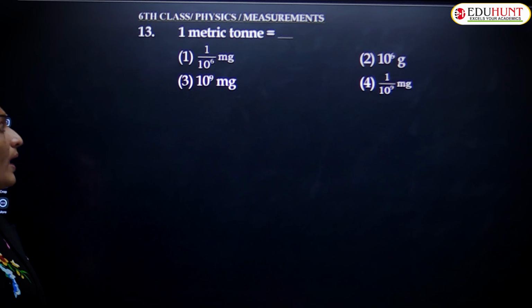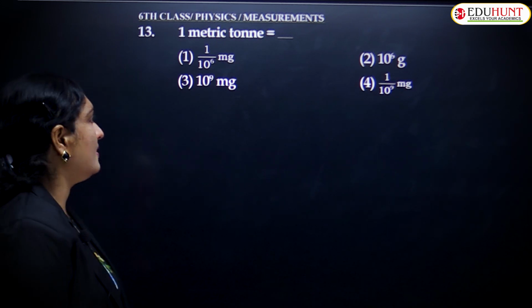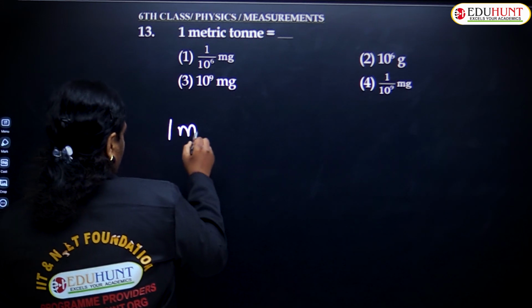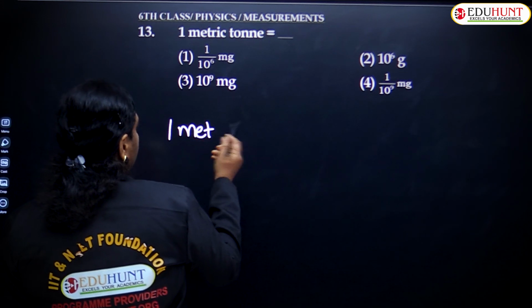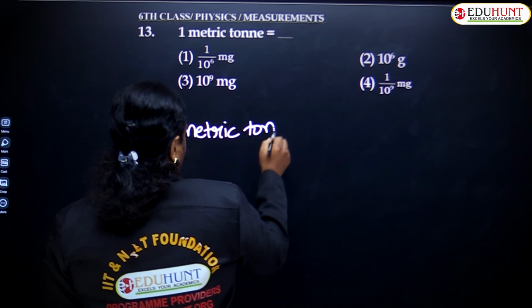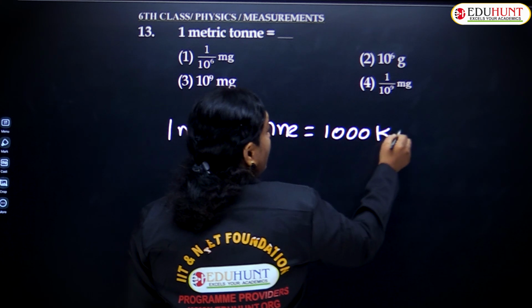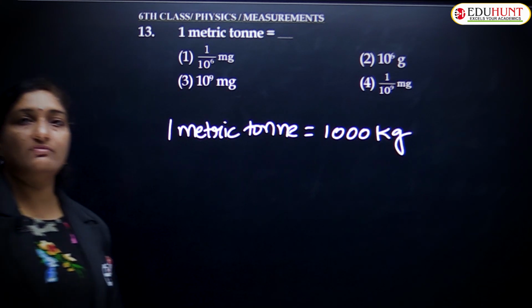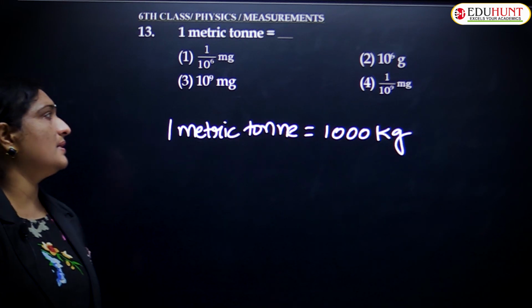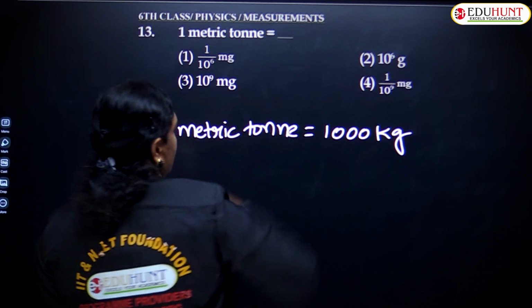Next, 1 metric ton. 1 metric ton is equal to how much, children? Remember, 1 metric ton is equal to 1000 kg. But here nowhere they measure it as kgs, here it is in grams as well as in milligrams.